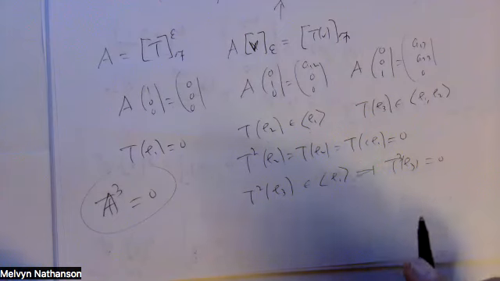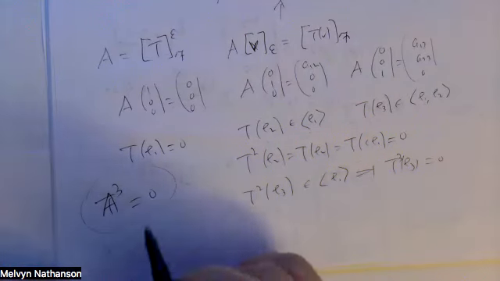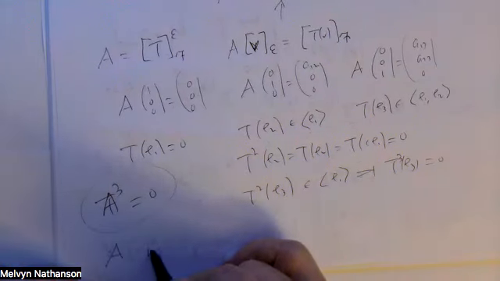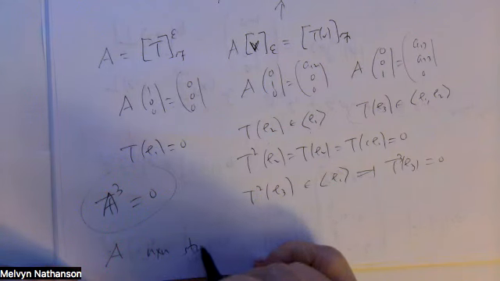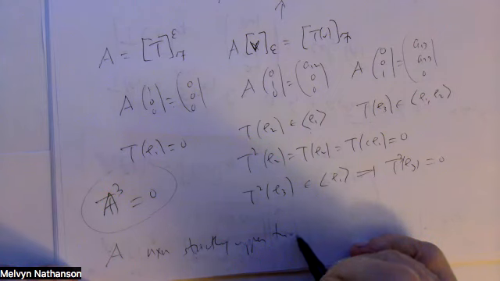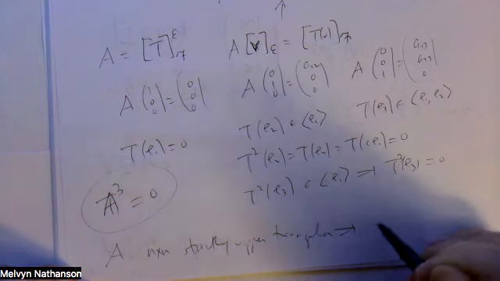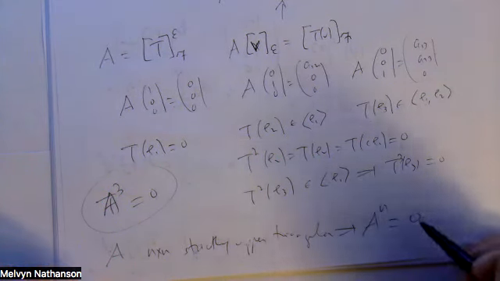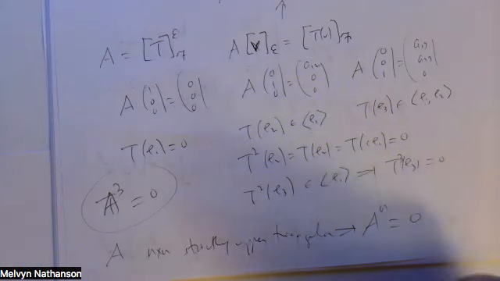There was a previous homework problem that says that if A is n by n strictly upper triangular, then A to the n must be the 0 matrix.